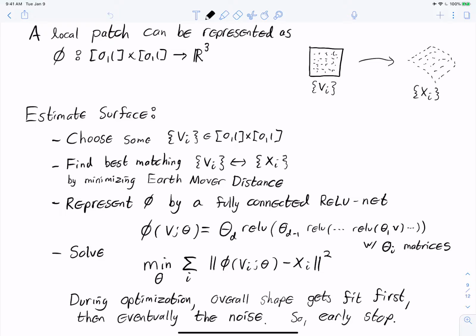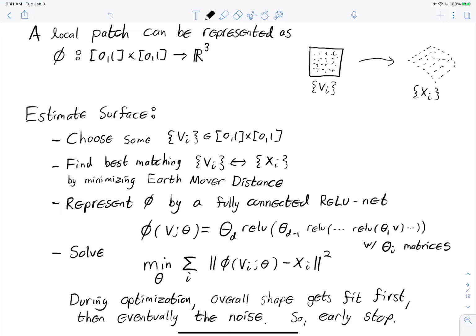But let's suppose now that you have a good matching between the points v_i and x_i. Then what we need to do is find a representation of the function phi. Here the authors represent it with a fully connected ReLU net, with d layers, where each layer is just some matrix theta_i acting on the output of the previous layer, and then a ReLU acts on that, and this is done d times.